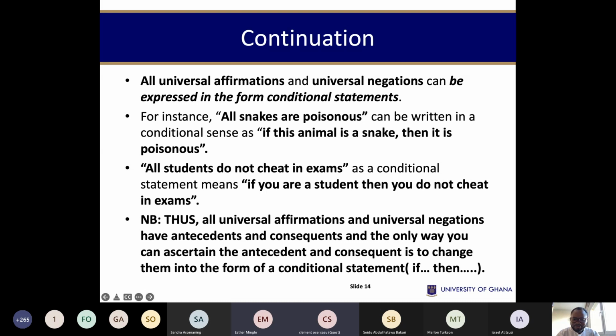If I have sex with you, then I'll give you your school fees. If you do what? If I have sex with you, then I'll give you your school fees. So Emmanuel's example is that if I have sex with you, then I will give you your school fees. That is a conditional statement.